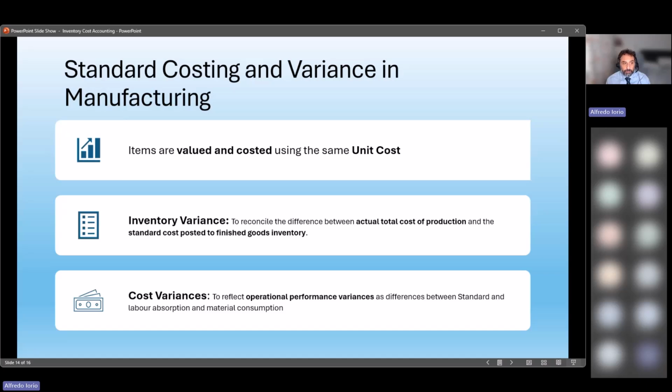Items in Business Central are valued and costed using the same unit cost, right? This is an inventory, and this is a very important point. The standard cost is the same cost used to value items and cost items when you ship and when you sell the items. There will be an inventory variance and a cost variance, which is managed and calculated twice in Business Central.